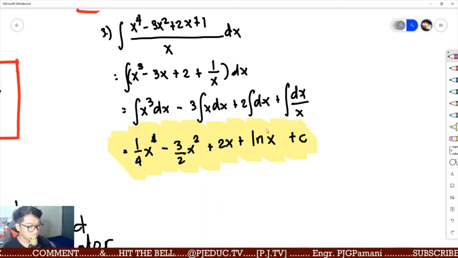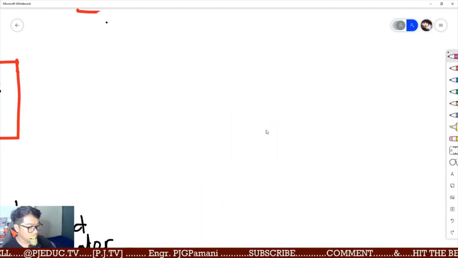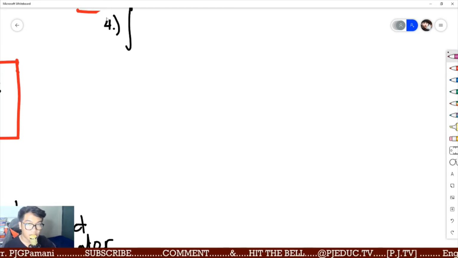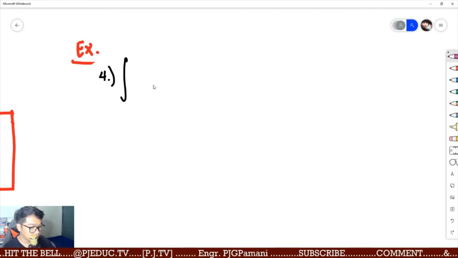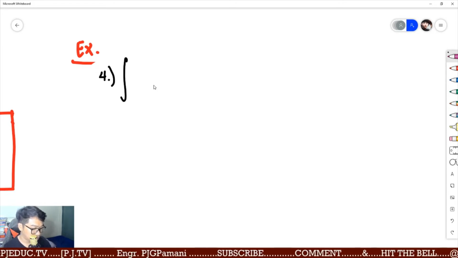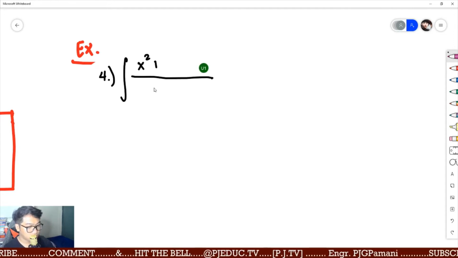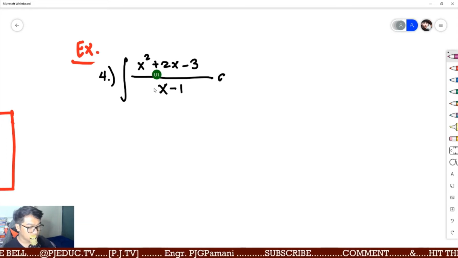Next one. Now, what if you're asked to evaluate the indefinite integral of a multinomial divided by a binomial? Let's just say that is x squared plus 2x minus 3 over x minus 1 dx.